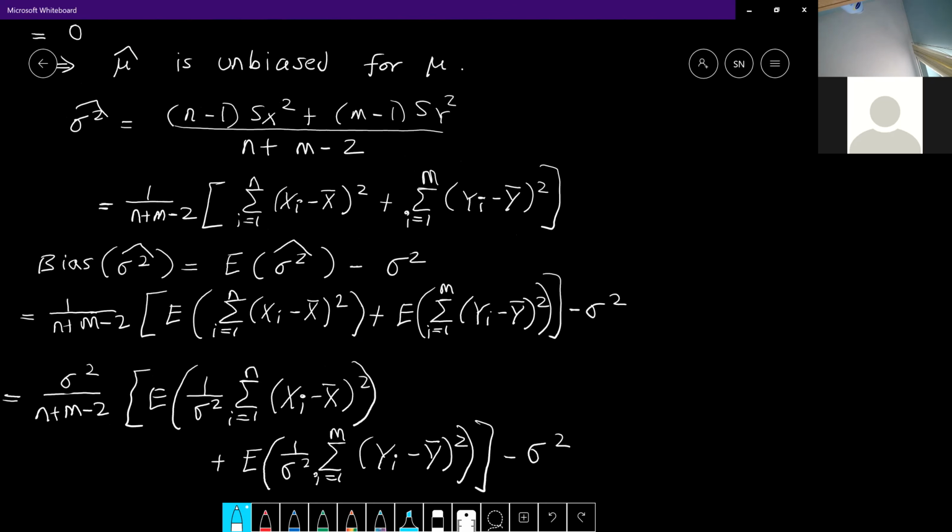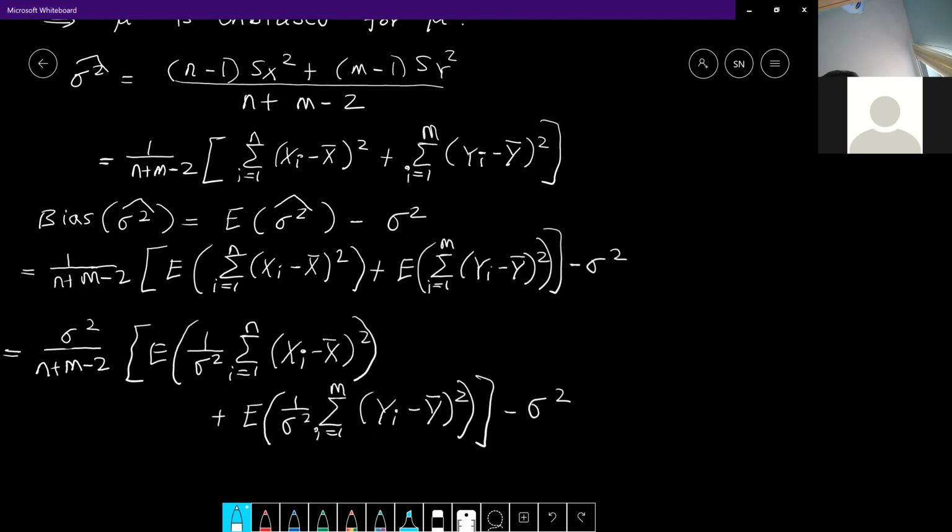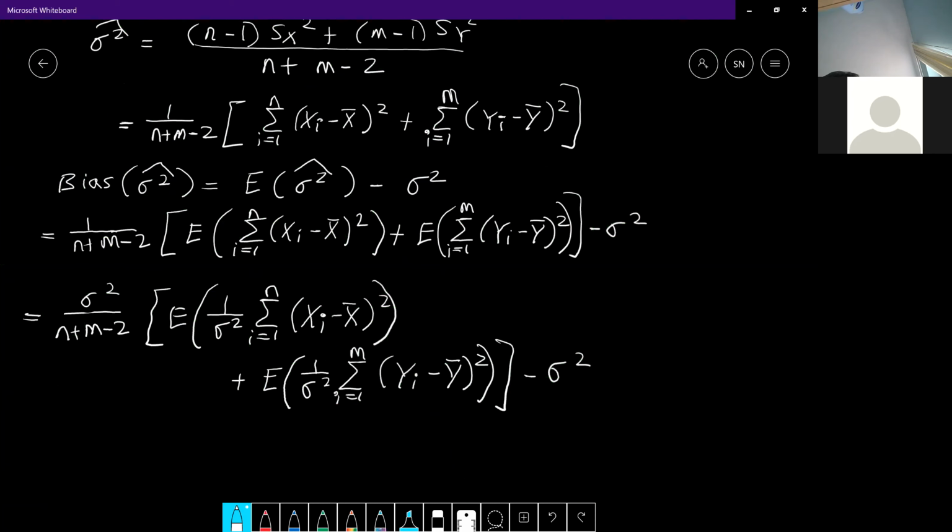You see what I've done. I have multiplied outside by sigma squared, and inside the square brackets I have divided by sigma squared.